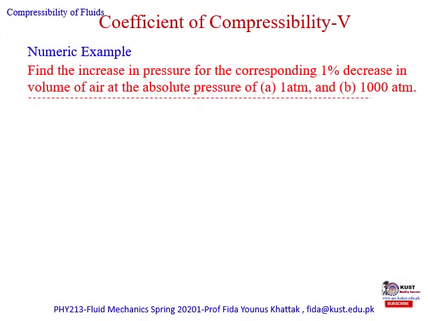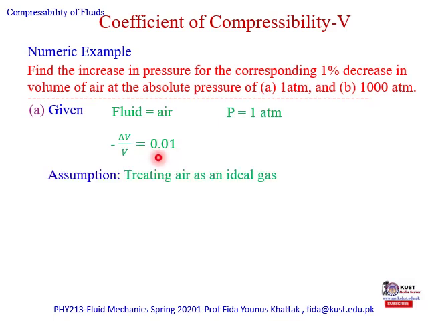Let us calculate the increase in pressure for the corresponding 1% decrease in volume of air at the absolute pressure of number 1, 1 atmosphere, and number 2, 1000 atmospheres. We are given that the fluid is air and the pressure is 1 atmosphere, and the fractional change in volume, minus delta V over V, is equal to 0.01.